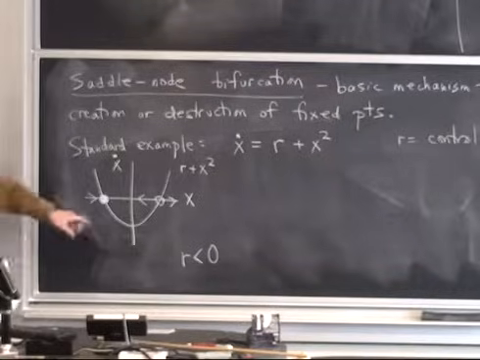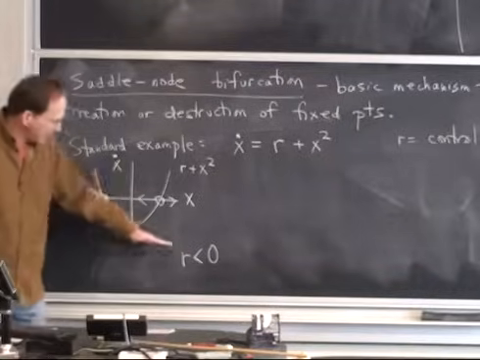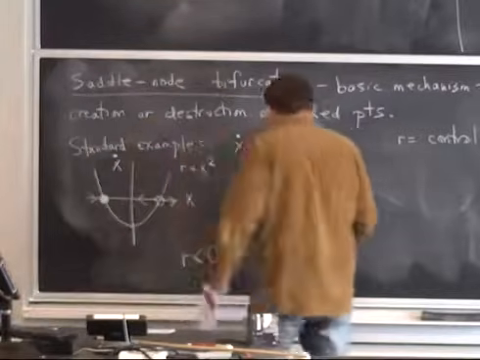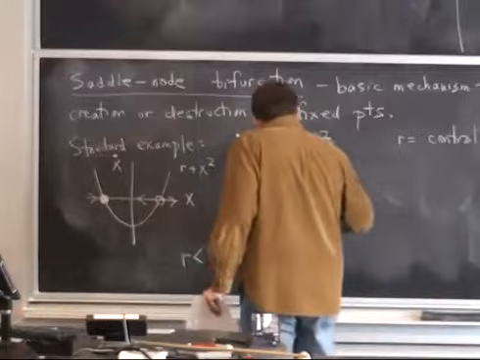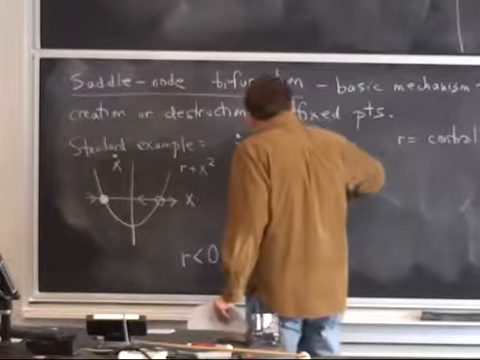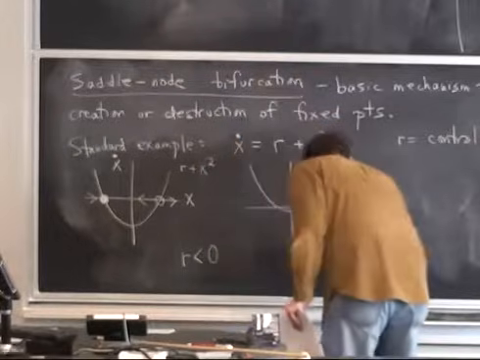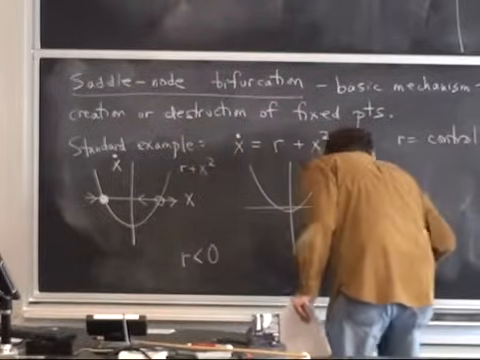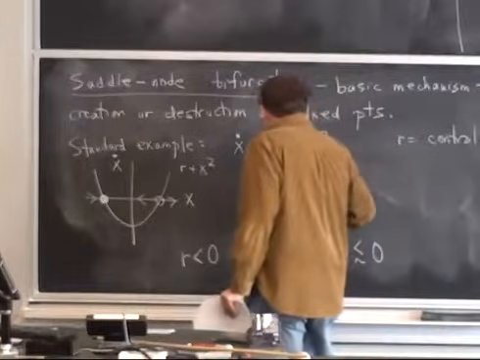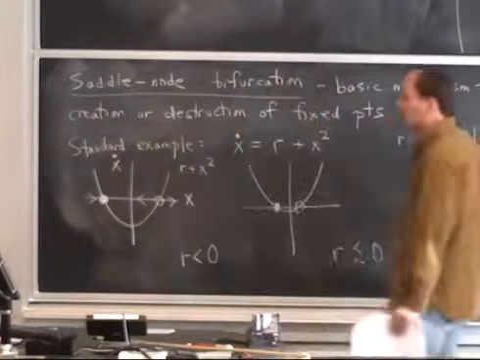Now imagine that we start turning the knob and r is being brought closer to 0. So imagine that r is only slightly less than 0. Then you'd have a picture like this with the parabola just barely going underneath. So it's still negative, but close to 0. And notice what has happened. Our fixed points have gotten much closer together.